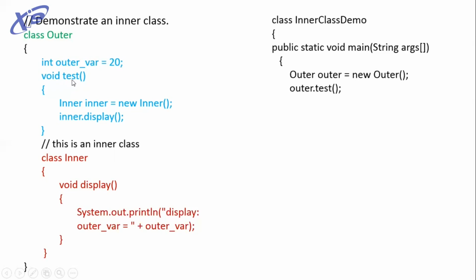This test method is creating an object of the inner class, and using this object it is calling the display method of the inner class, which is going to print the value of this outer variable. So this will be the output of this program if we execute it.